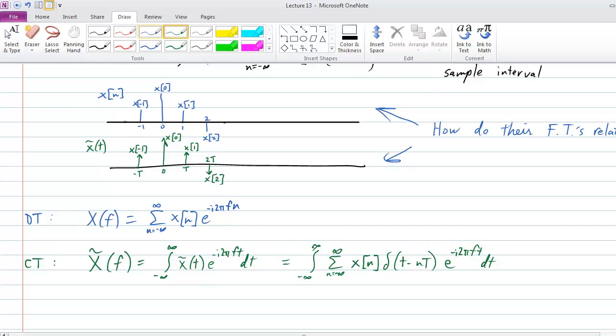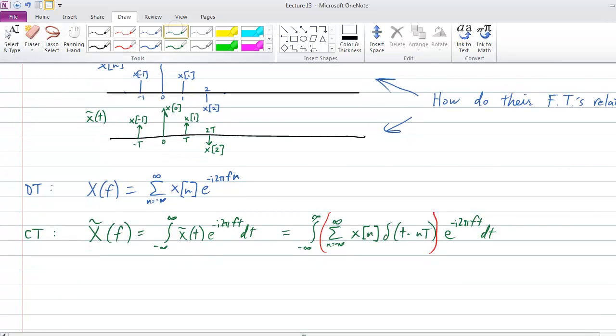Okay, so as you noticed, I just plugged in that definition for x tilde. But now we will switch the order of the sum and the integral. So notice that x[n] is not a function of t, so it doesn't need to remain in the integral either, because it's constant with respect to t.